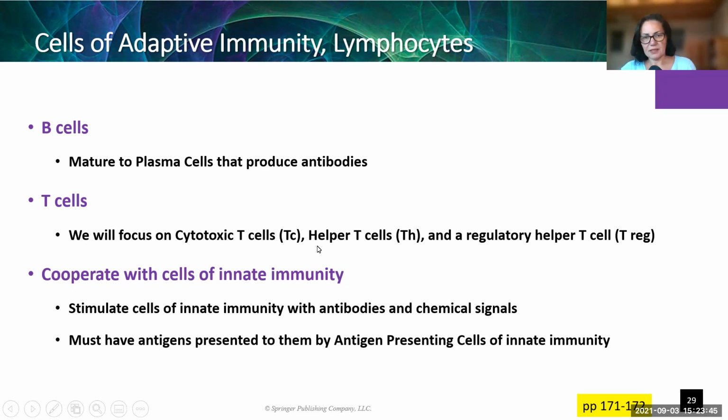And then I want you to know that there are so-called helper T cells. The helper T cells have been shown now to have 5 different categories. Our textbook describes them all. I don't need you to know all that detail except for this. There is one class of helper T cell called a regulatory T cell, or Treg.